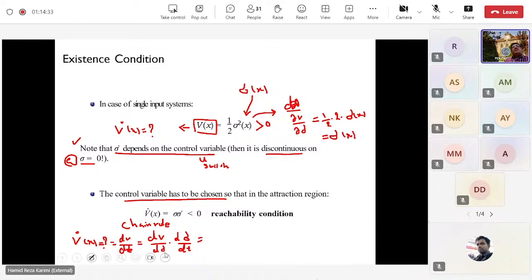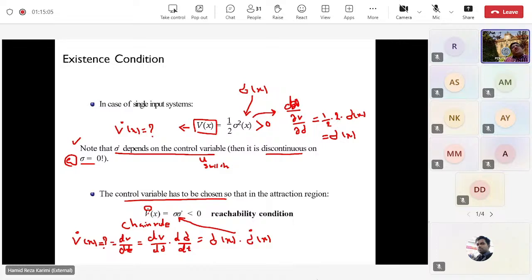Then you can write that the partial of V with respect to the partial of sigma becomes sigma(x), multiplied by d sigma over dt, which becomes sigma dot. So that's it. When you have this formulation, we need to remember how to calculate this derivative.